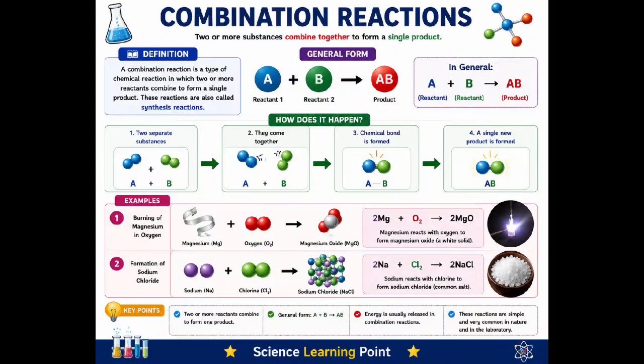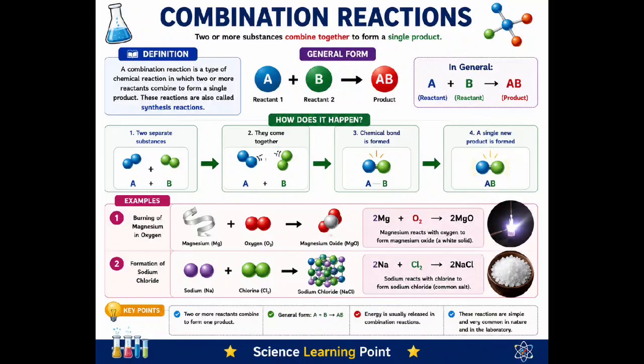You may see combination reactions in some everyday and chemical processes too. For example, hydrogen and oxygen combine to form water. Iron can also combine with oxygen and moisture over time to form, you already know from the 9th class, what it is called. It is called rust.